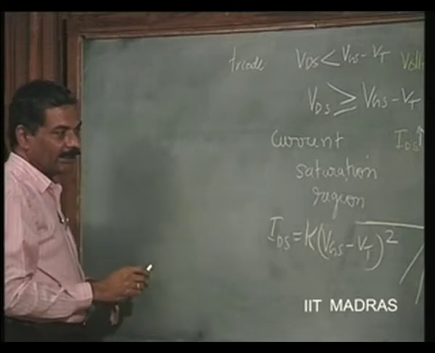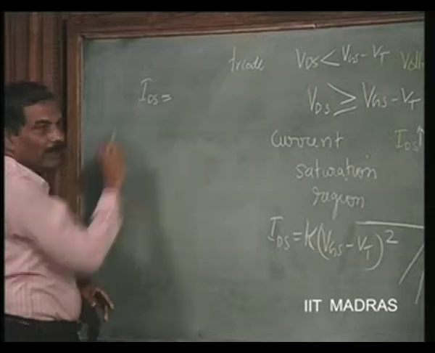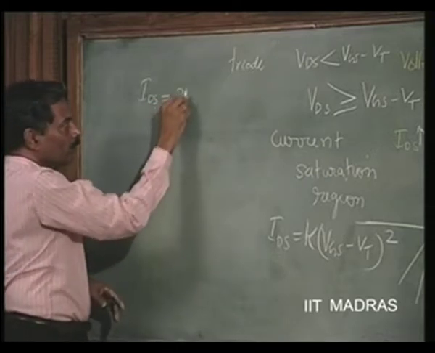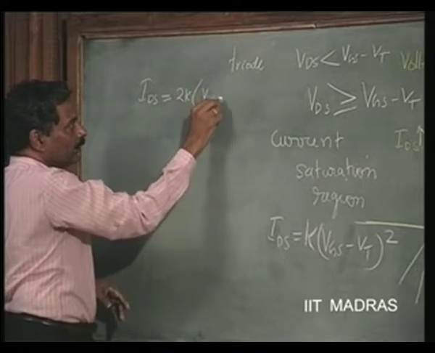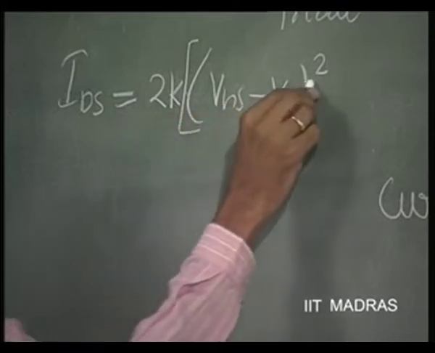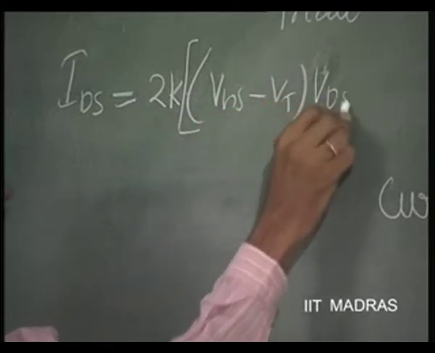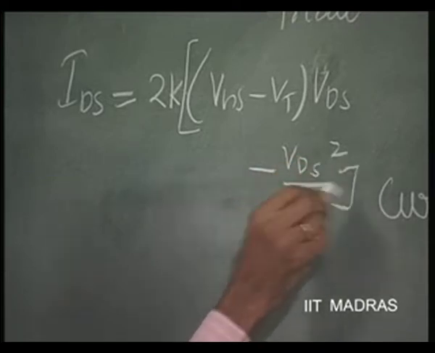There the characteristic is going to be IDS equals 2K times VGS minus VT whole squared into this into VDS minus VDS squared by 2.